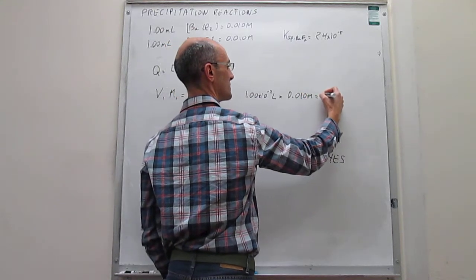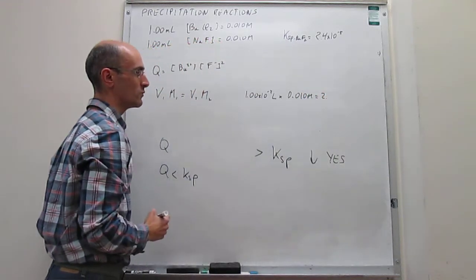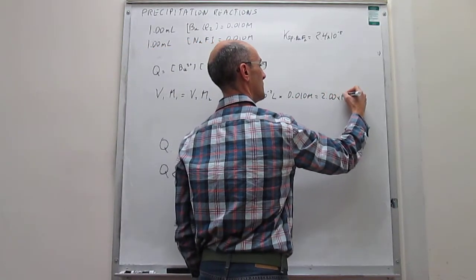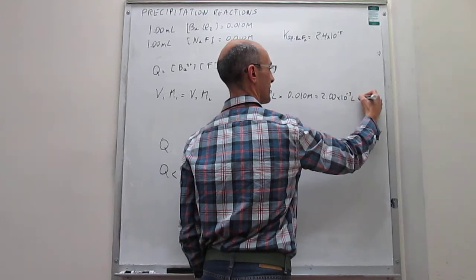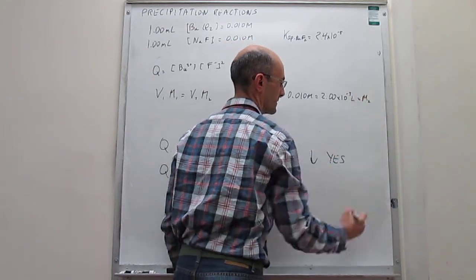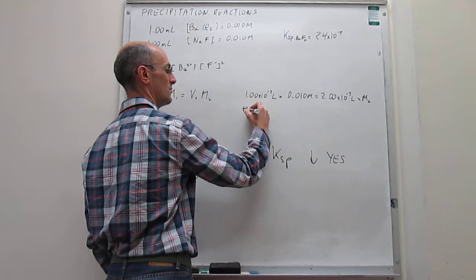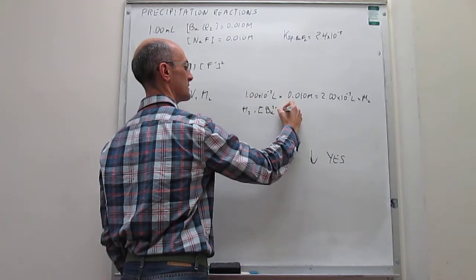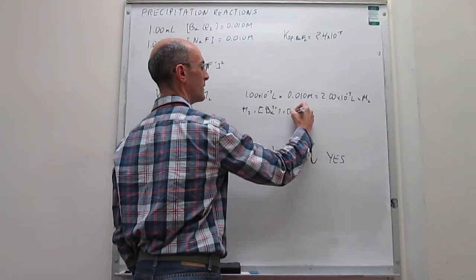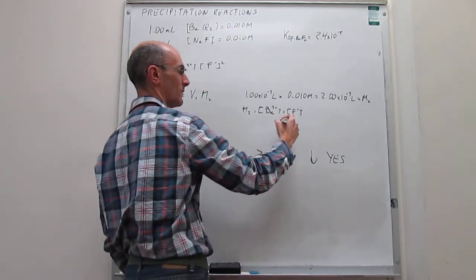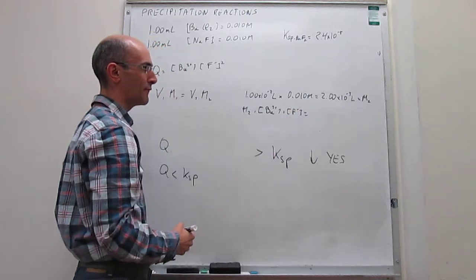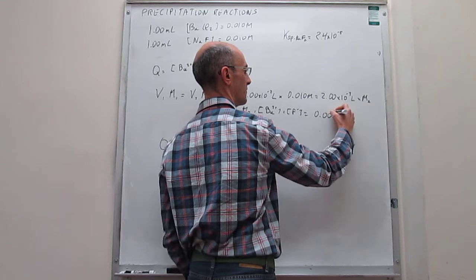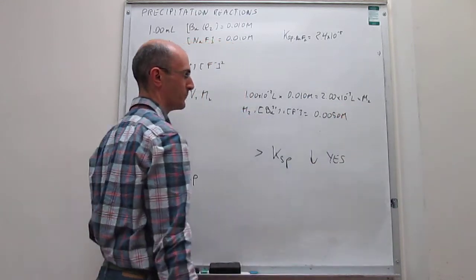And this is going to be equal to the final volume, which will be 2 mL, so 2.00 × 10^-3 liters multiplied by the second concentration, which is what you need. And that M2, which is the same thing as the concentration of barium 2+, and the same thing as the concentration of fluoride minus, just from the data in the problem, happens to be just half of what you initially had. So this is going to be 0.0050 molar.